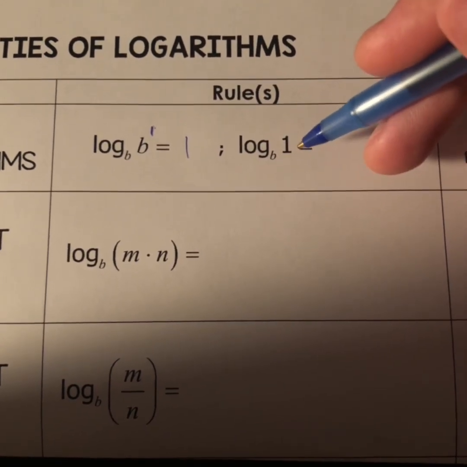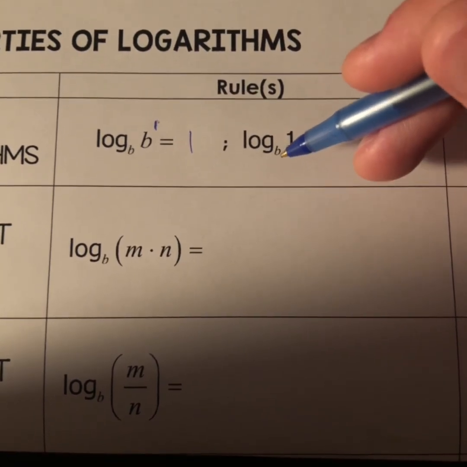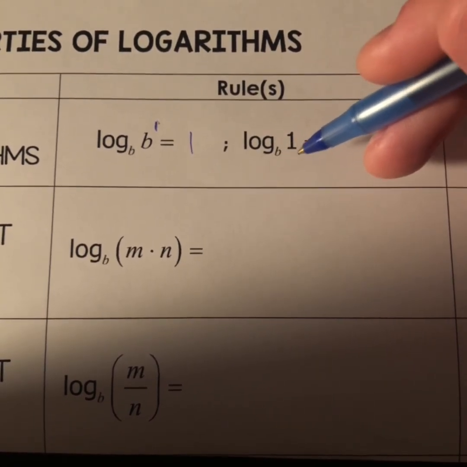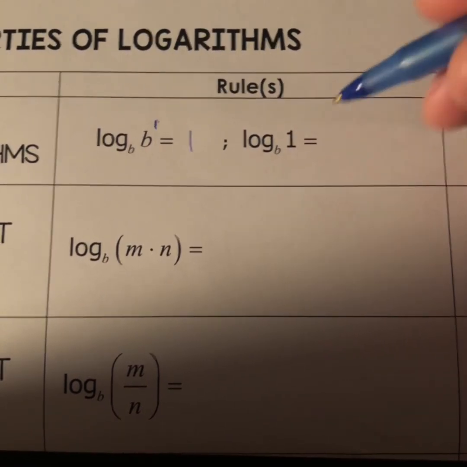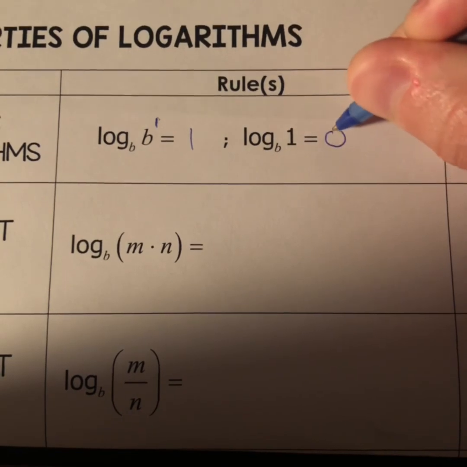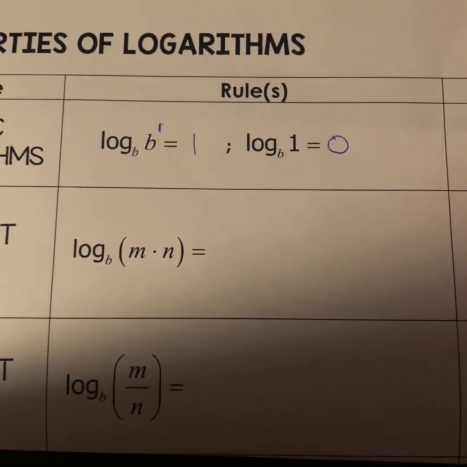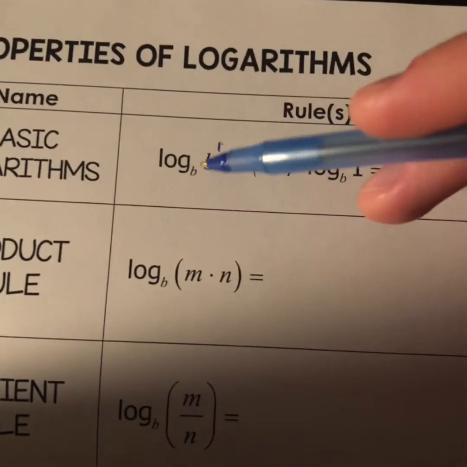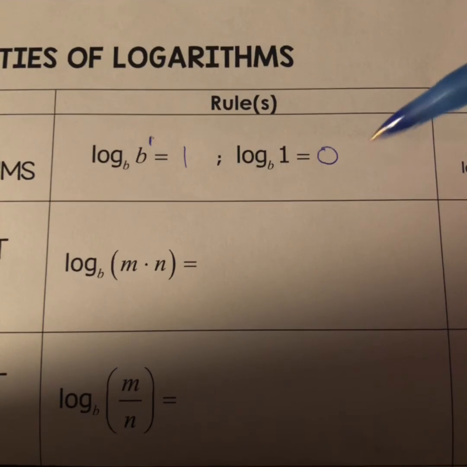It's whenever you have a 1 here, there's only one number that it could be. You've got to think, b to what power gives you 1? The only way you can raise a base to a power and get 1 is 0. So b to the 0th power equals 1. If you ever see those, just know if these are the same, it's 1. If you're looking at a 1 right here, it's got to be 0.